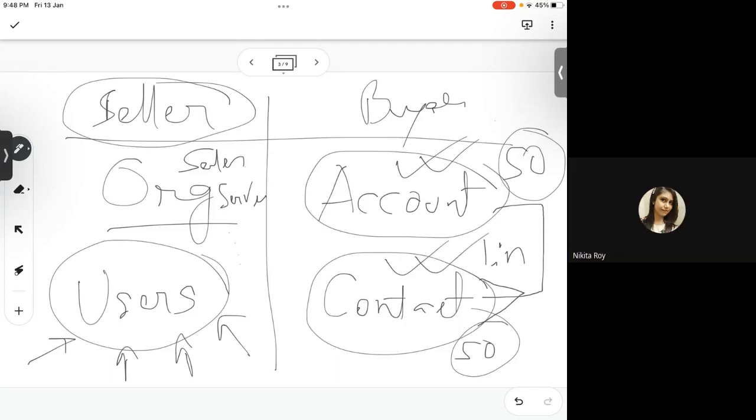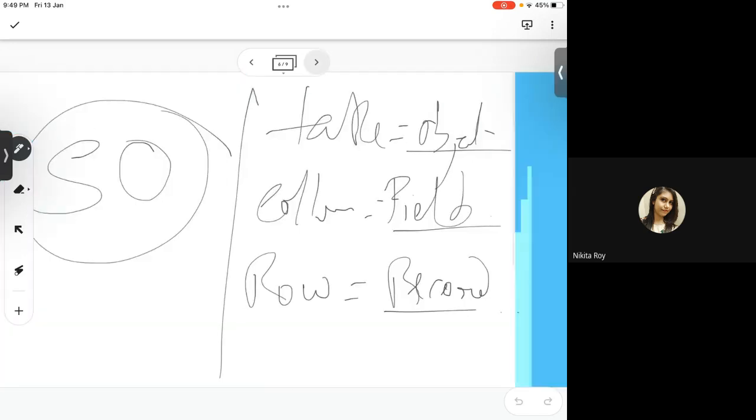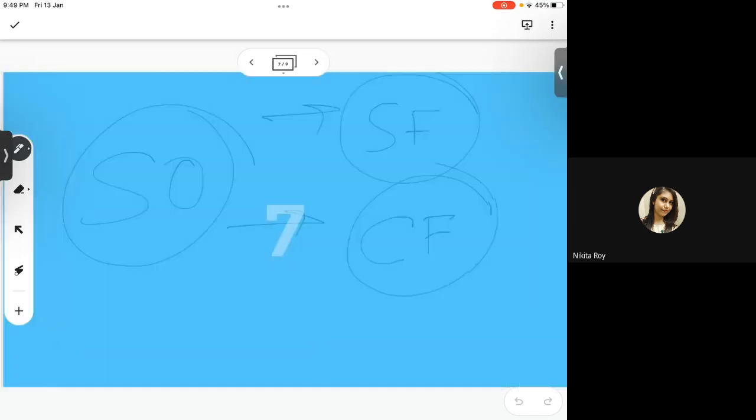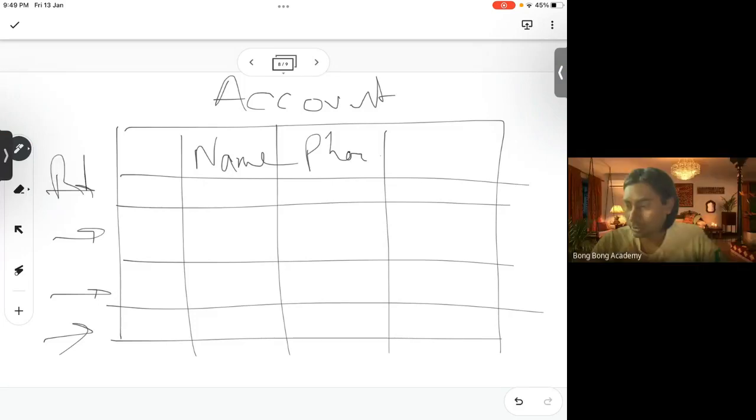So actually, we are using the org of Reebok. So in that case, we will store the details of the accounts. That means here the accounts are, for example, TCS or Cognizant. So all these organizations are the accounts. In accounts, we will store the name of the account, the phone number and everything. This is row 1, this is row 2.